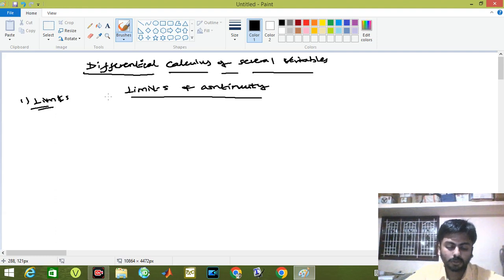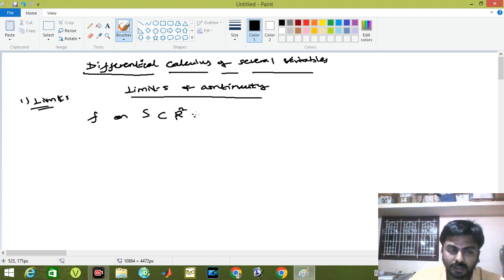So the limit of a function, I shall dictate a definition and I shall write here. Let f be a function defined on S. What is S? S is a subset contained in R2. R2 means it is a real space containing two elements, that may be x and y.